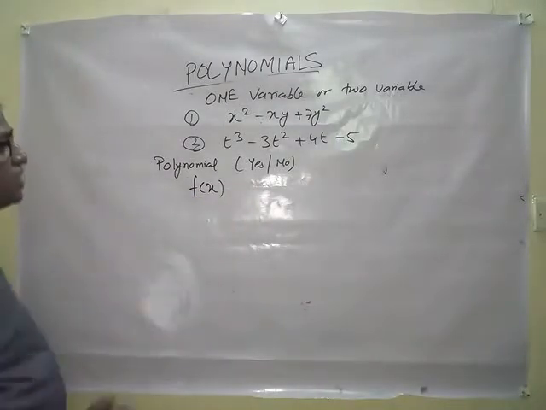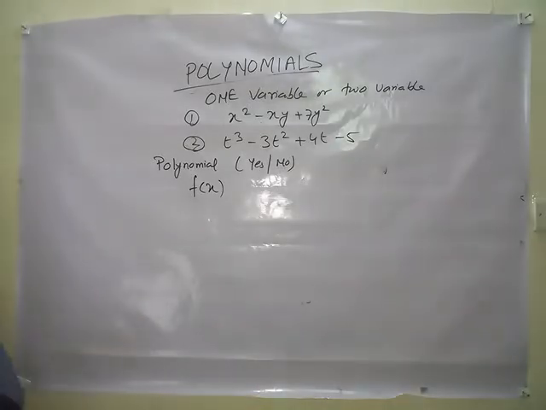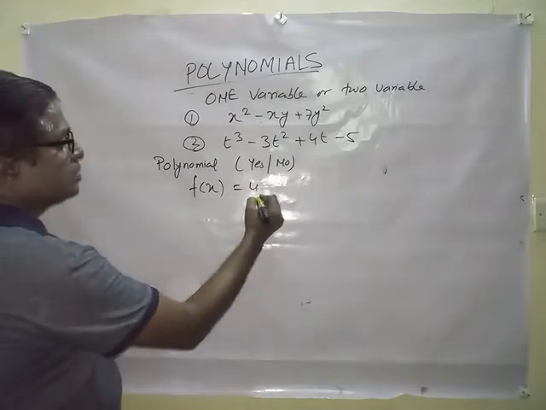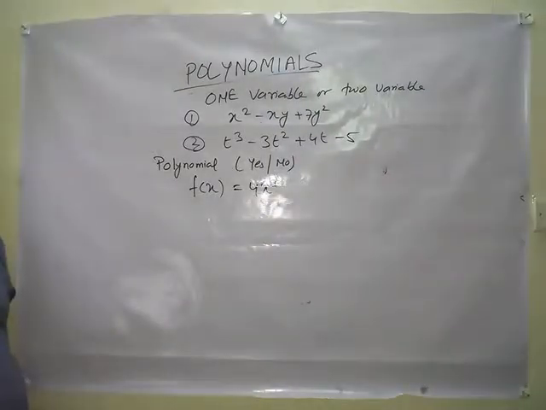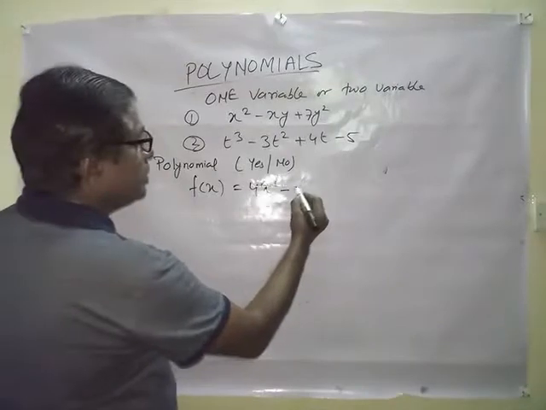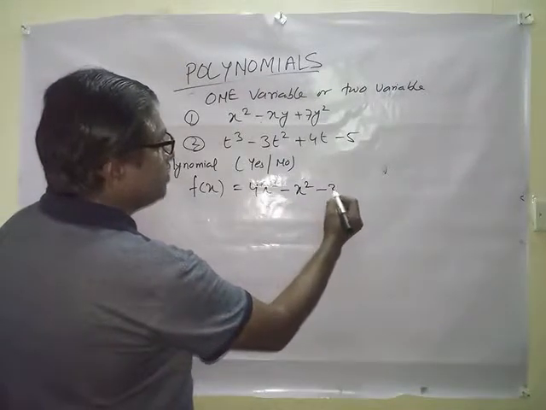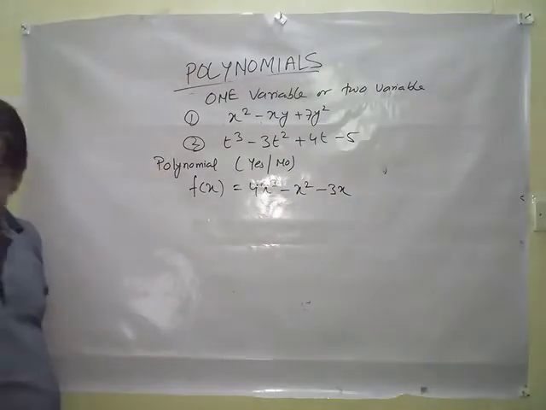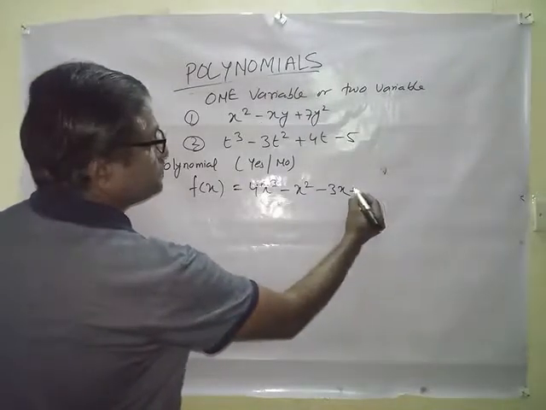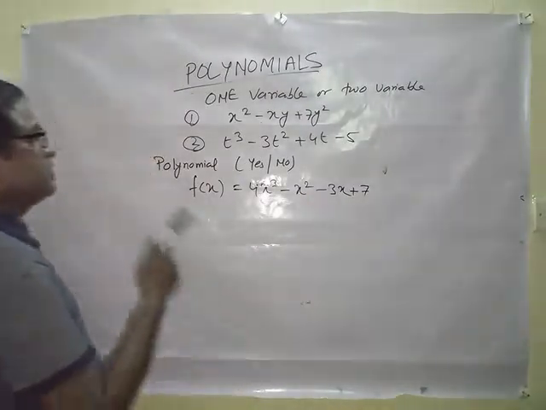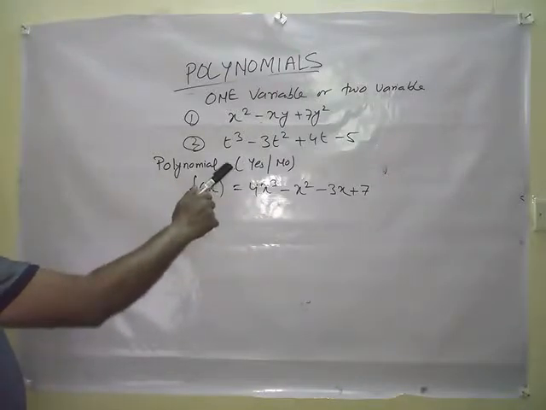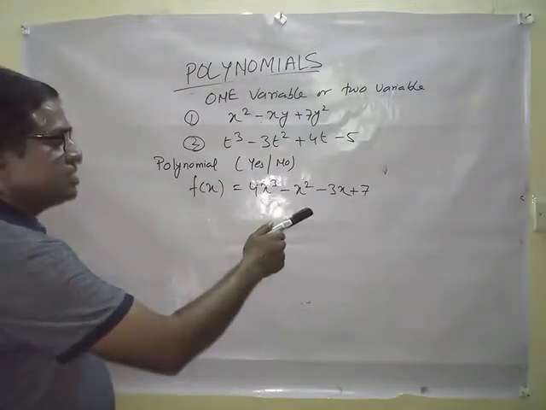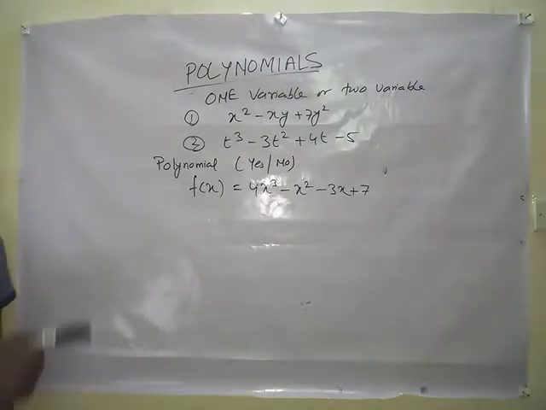As I told you, we can represent the polynomial equation of variable 1 like f(x) = 4x cube minus x square minus 3x plus 7. Is this a polynomial equation? If it is yes, give the reason why.